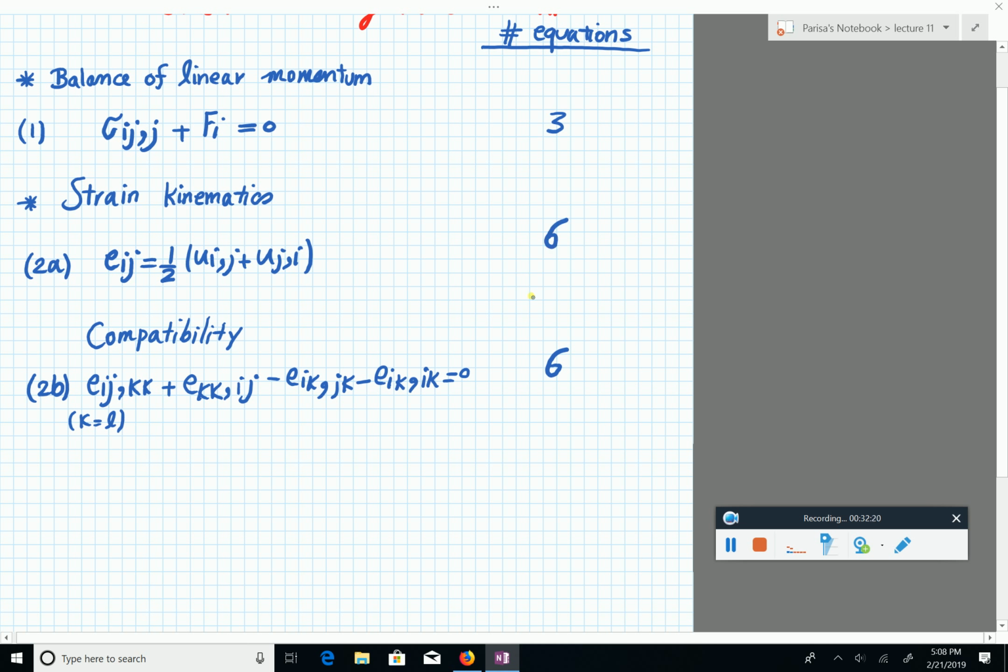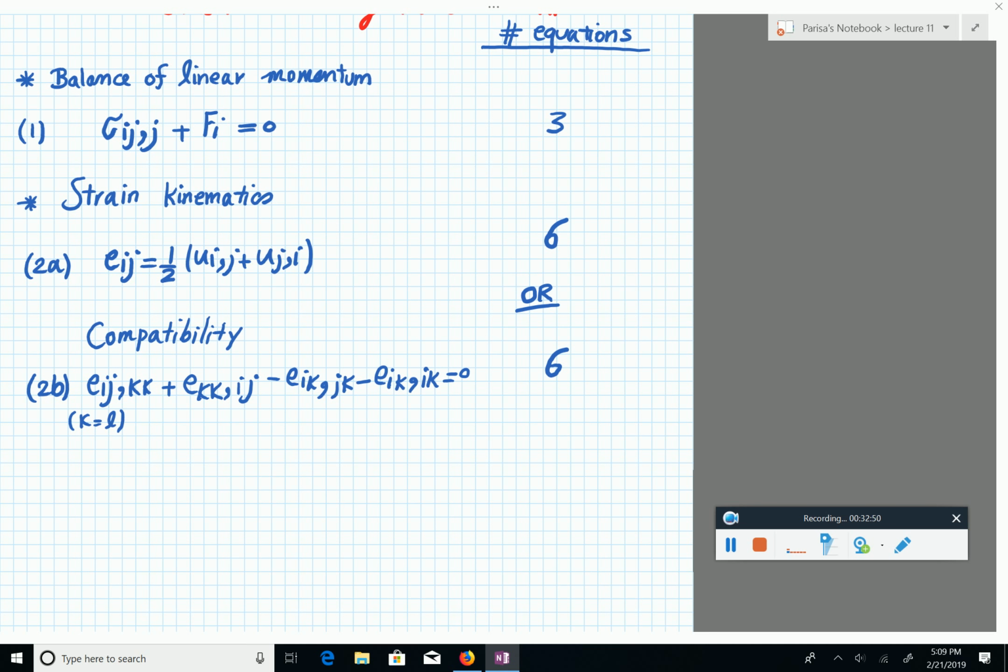I have to put the word or between the two, because the compatibility equation is very related to the equation above. If a strain field is given, the compatibility equation would be trivially satisfied, right? It becomes very important if you are solving things in stress. So in elasticity, we have 2 ways of solving problems.